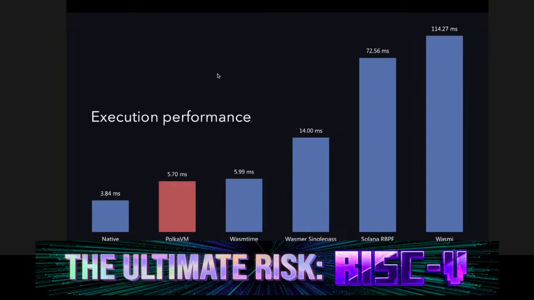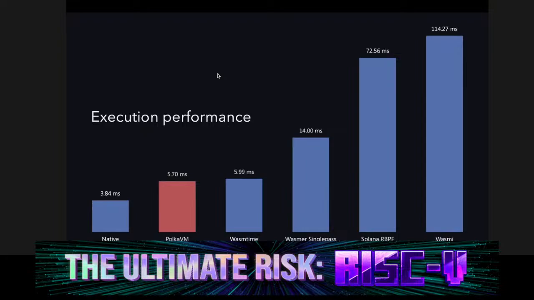In the fourth place, we have WASM single pass, and this VM is notable for the fact that, unlike WASM time, it guarantees linear time single pass compilation. So for blockchains, this is very good for security, because you cannot then denial of service attack the chain with a specially crafted program. Then we have Solana RBPF.